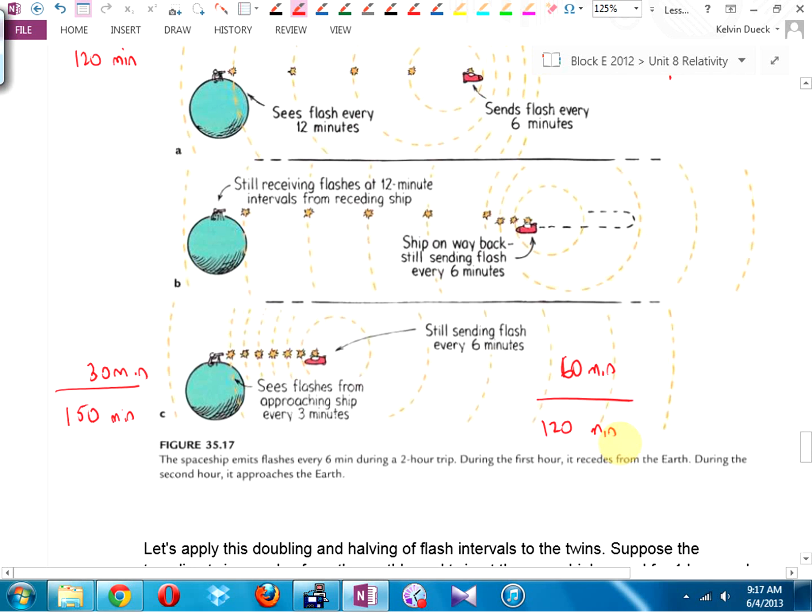The twin has lived for 120 minutes on the spaceship, but his brother at home has lived for 30 minutes longer. Now, if you extend that over years, that's going to make a difference. Time has passed more slowly on the spaceship relative to the Earth.